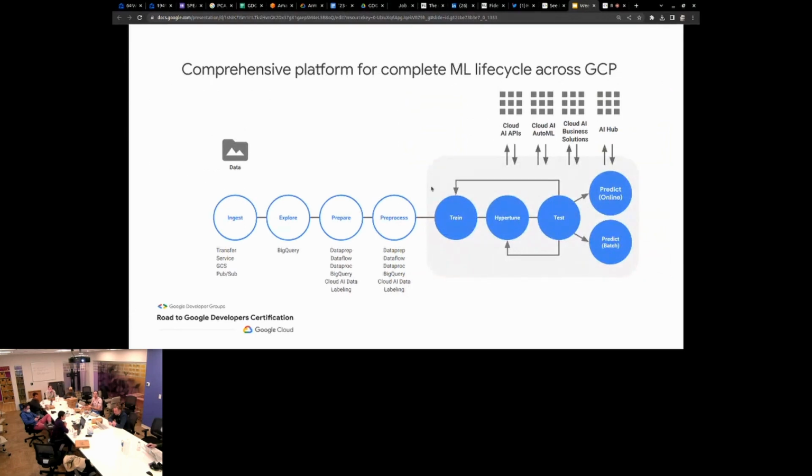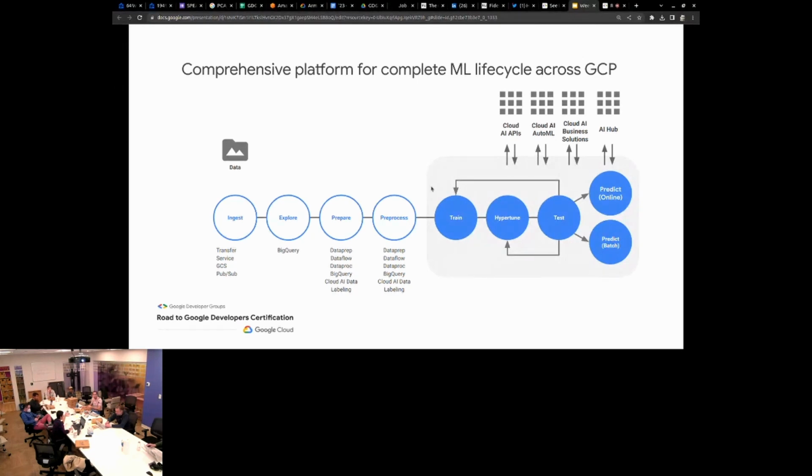As Google is like the best platform, it provides you with APIs and basically tools for each of the steps along the way. Suppose from the ingest stage, basically getting the raw data, it helps you with transferring the data with some platform like Google Cloud Storage or PubSub.